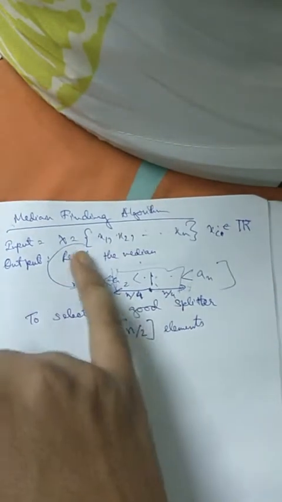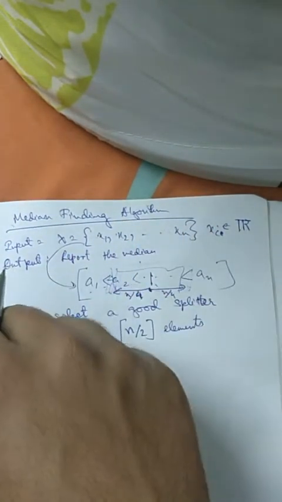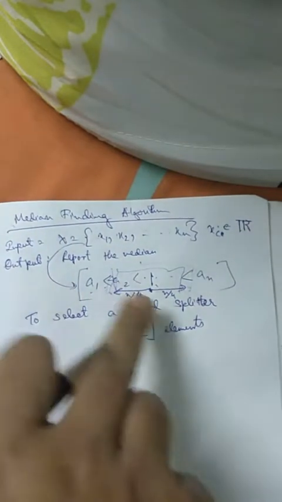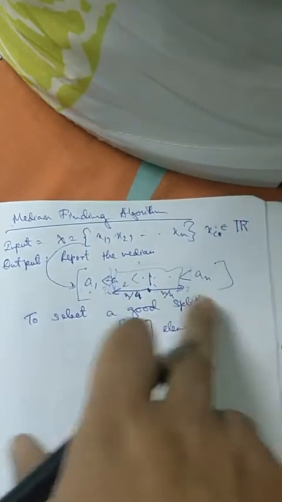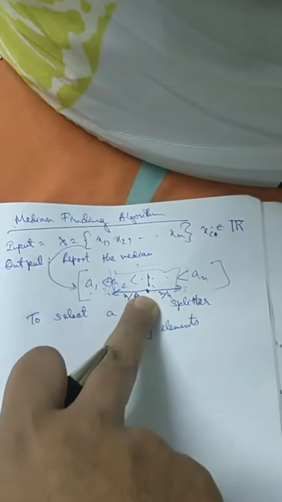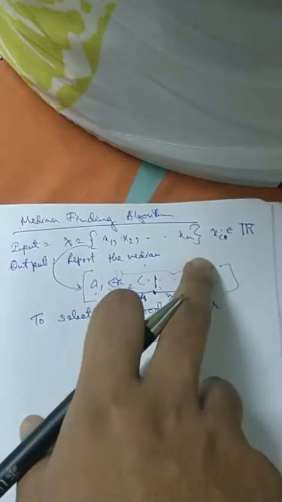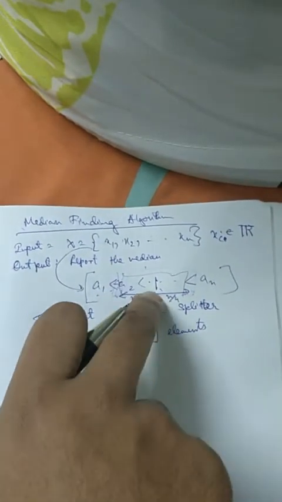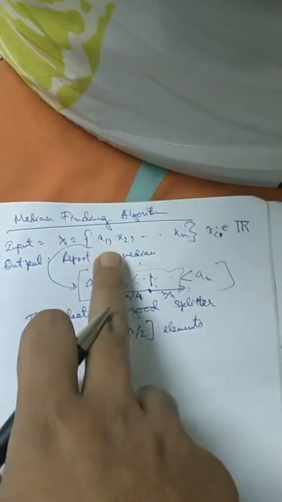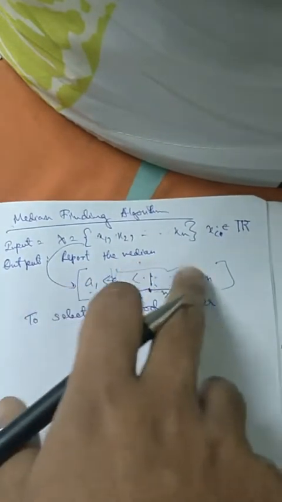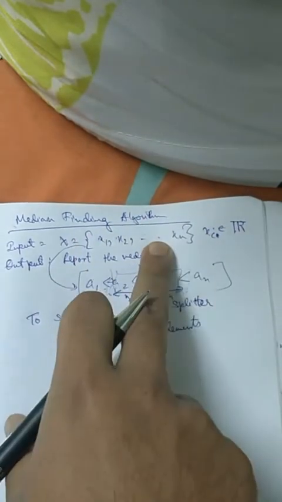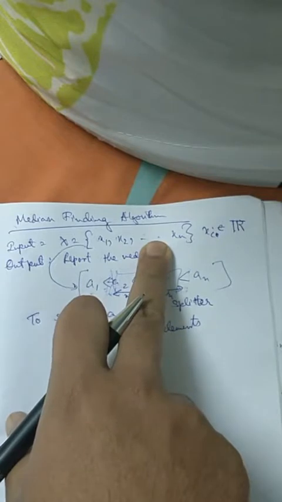If we choose one of these n by 2 elements as our splitter, then we have found a good splitter, else we have not.